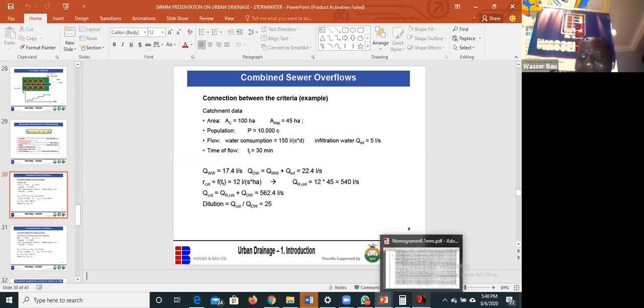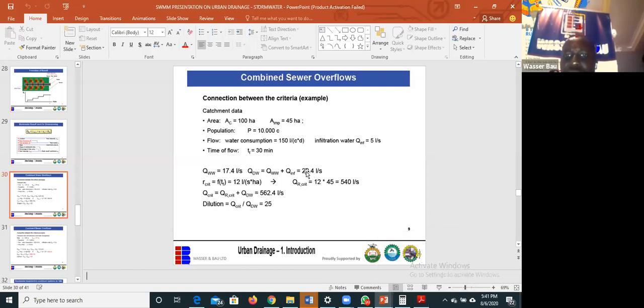The standard says you can assume a slope as high as 4%, and as low as about 0.001, depending on the size of the pipe, because every pipe has a threshold slope. There are slopes at which you cannot lay some pipes, but that's not for this class. You can consult the standards, which will give you those values.